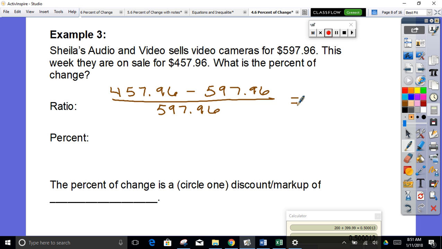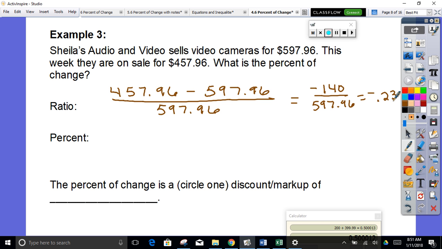What did you get as an answer? I got negative 140 over 597.96, and that equals negative 0.23, and then I took away the negative sign and changed it to 23%.